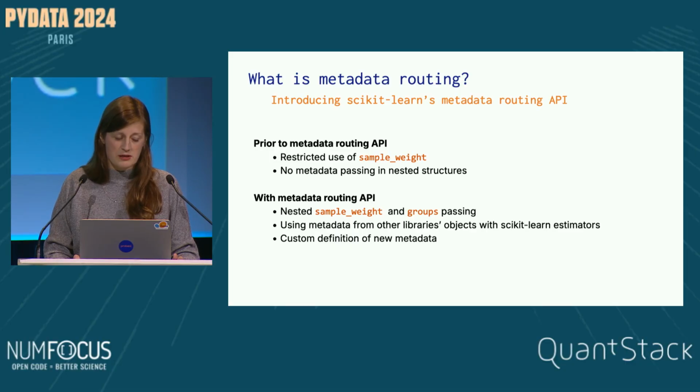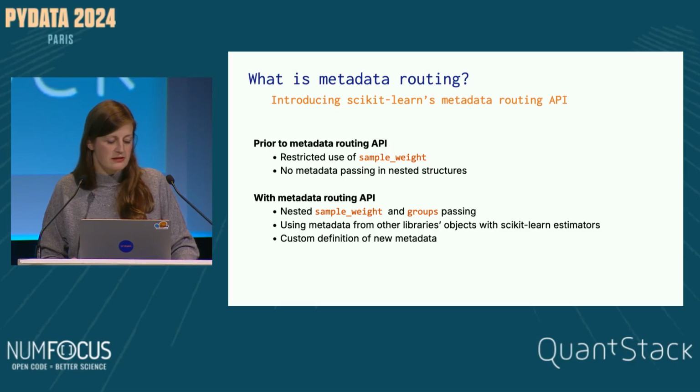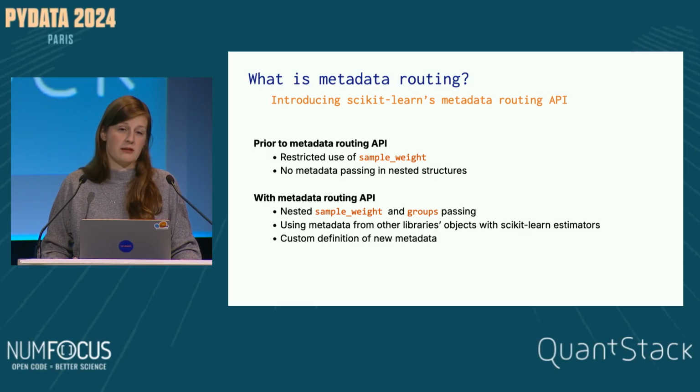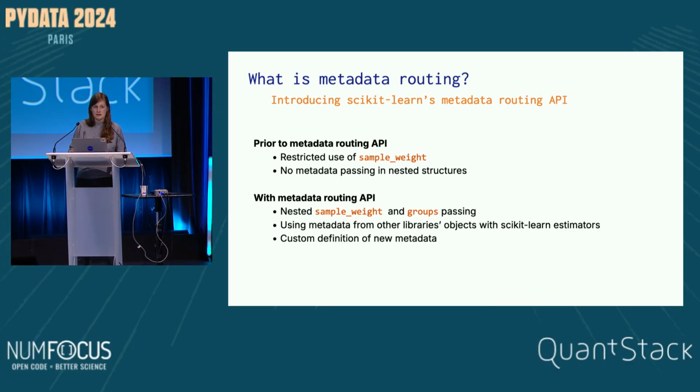With the new API, now we can use groups and sample weight in nested structures, pipelines, in grid search, in cross-validation, for instance. We can also combine other objects from other libraries with our estimators and still use their metadata. And of course, we can now also use custom metadata.